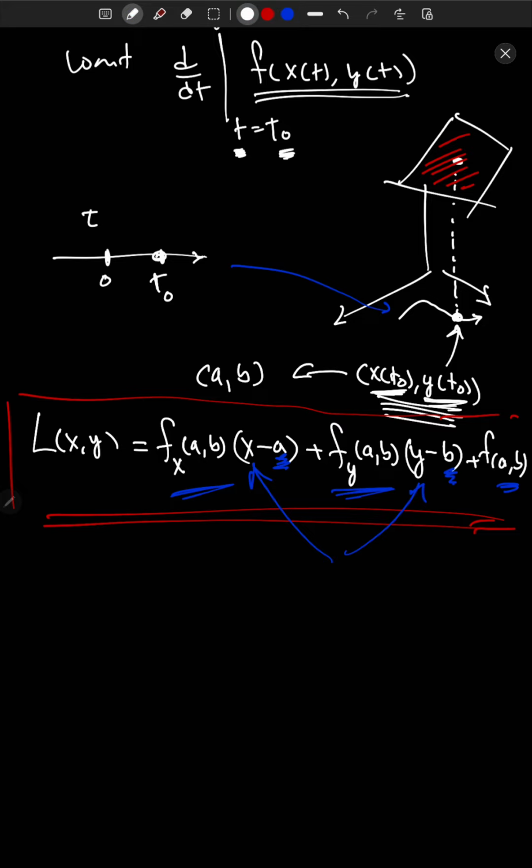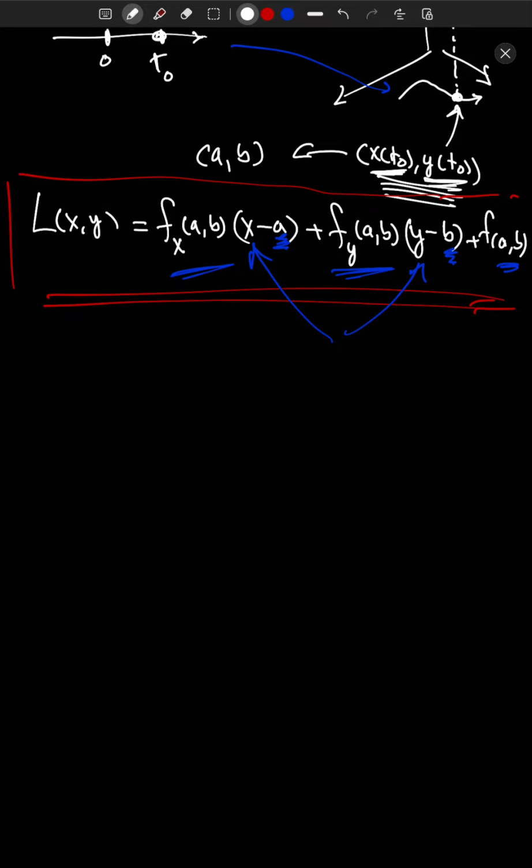Essentially, the moral of last time was that if f is differentiable, then derivatives of f can just be replaced with derivatives of L. So we can look at d/dt of f of x of t, y of t.